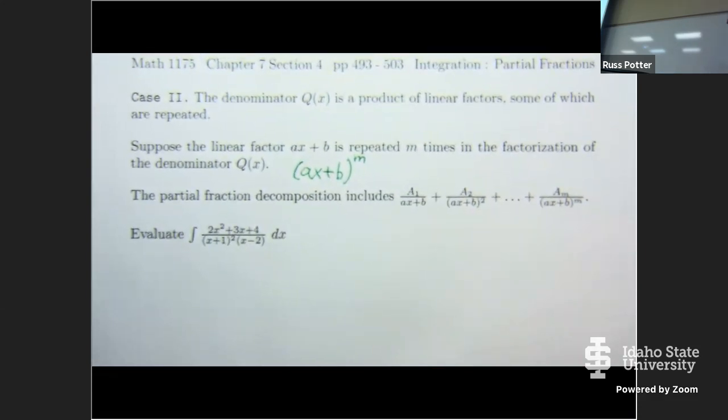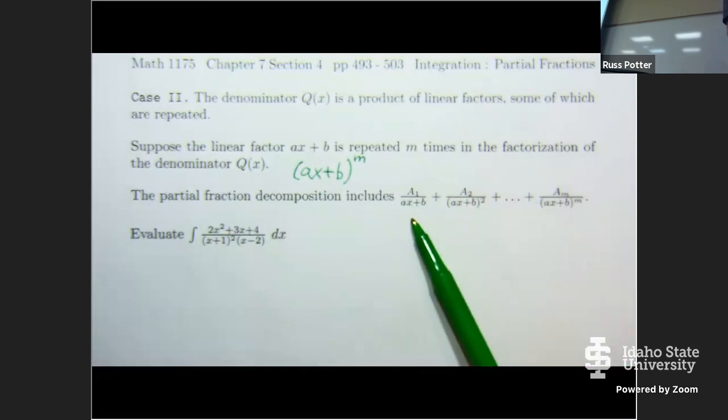Well, in a case like this, the partial fraction decomposition accounts for each of the intermediate powers of ax plus b. So we're going to have, since they're linear factors, m constants, a sub 1, a sub 2, up through a sub m.